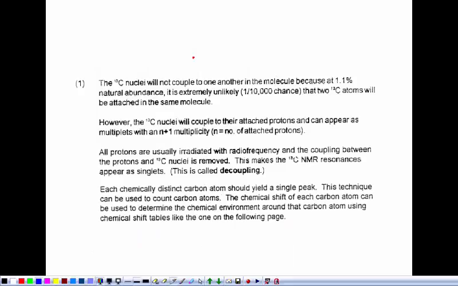Because the probability of having a carbon-13 nucleus is 1 out of 100, so the probability of having two C13s next to each other is going to be 1 in 10,000, when you figure the probability of each carbon is 1 in 100. If we could tell how many carbons were attached to each other, oh, that's a carbon with 2 other carbons attached to it, but we can get that information other ways. So carbon-carbon coupling doesn't occur, although there are some tricky experiments you can do to get this information.